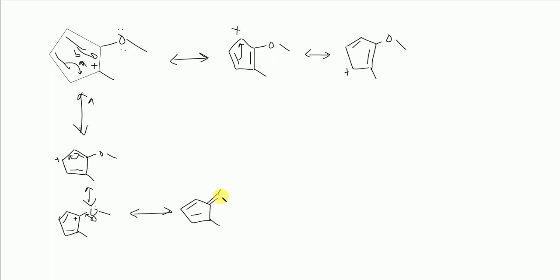Because this is the only form, this one right here, where I have octet on all the atoms in this molecule. And all the previous ones over here, every single one had a positive charge on a carbon, which was obviously missing its octet. So none of these forms had a full octet. This is the only one out of all the resonance structures where you have the full octet. So this is the major.